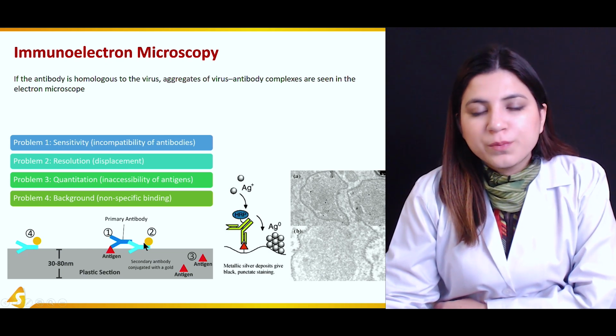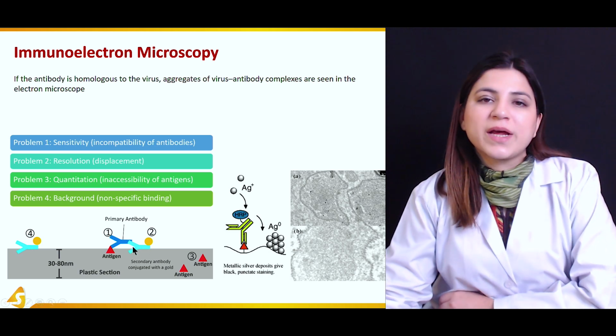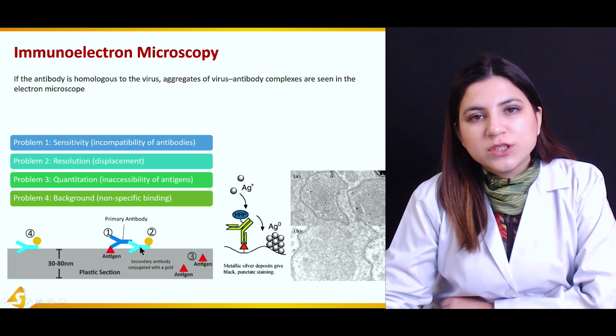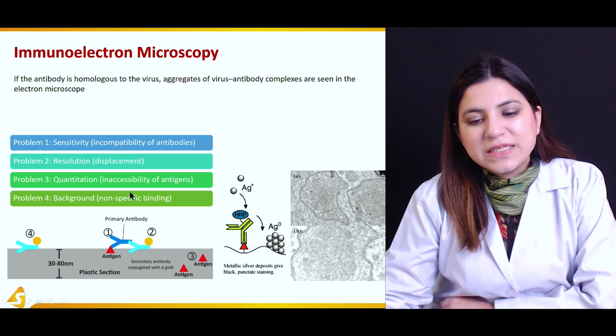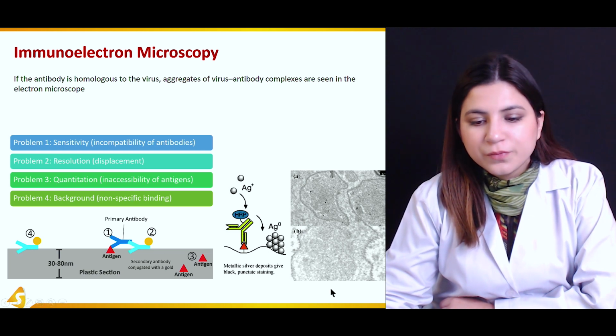Even if the gold particles are not used, we can actually visualize the complexes under the electron microscope. But this gives a more specific signal, and we can calculate or identify the viral titer inside a sample.